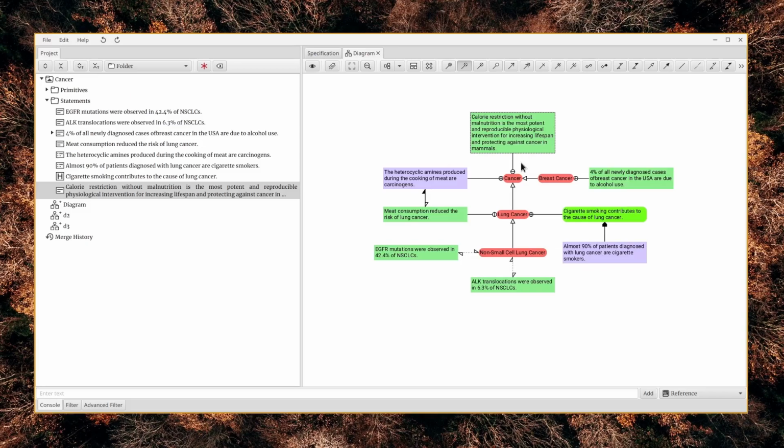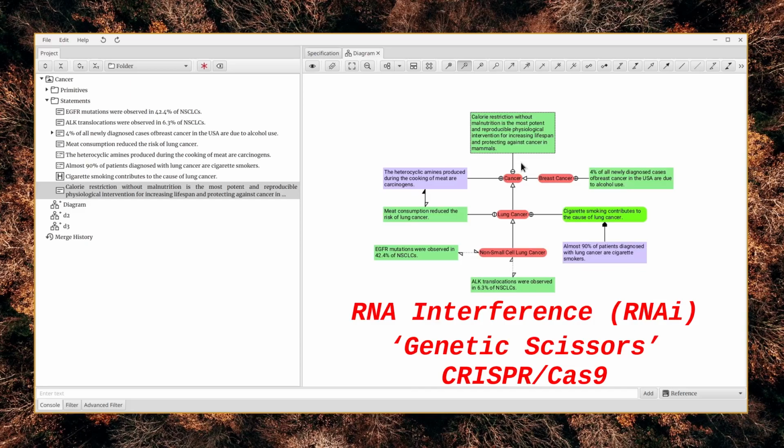The discoveries of RNA interference and genetic scissors called CRISPR-Cas9 are both powerful tools that allow for the targeting of specific genes. RNA interference allows for the silencing of any gene expression, making it universally applicable, while genetic scissors provides a universal way to edit the genome.